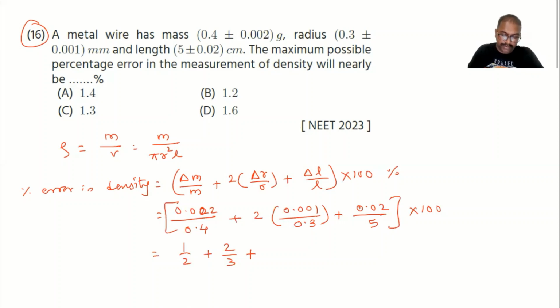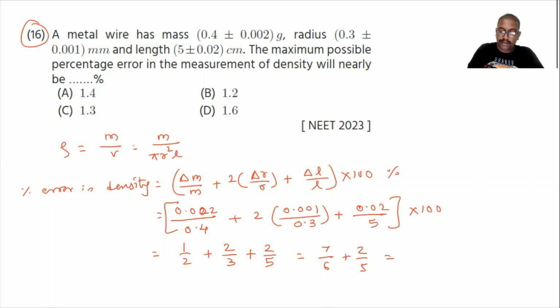So we have to simplify this. 1 by 2 plus 2 by 3, plus 4 by 6, plus 2 by 5. Then after solving this, 35 plus 12 divided by 30.